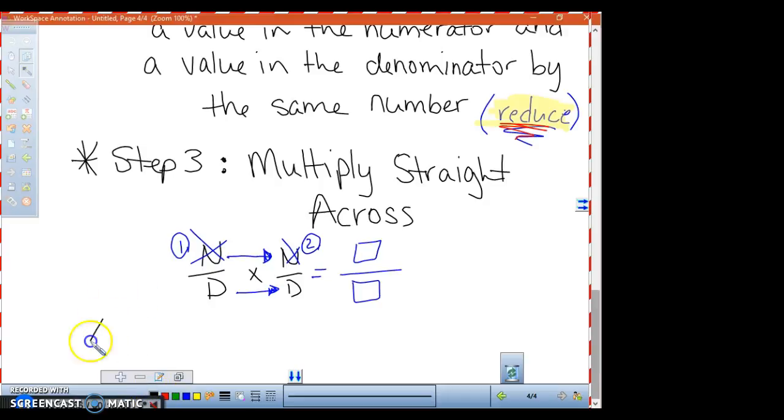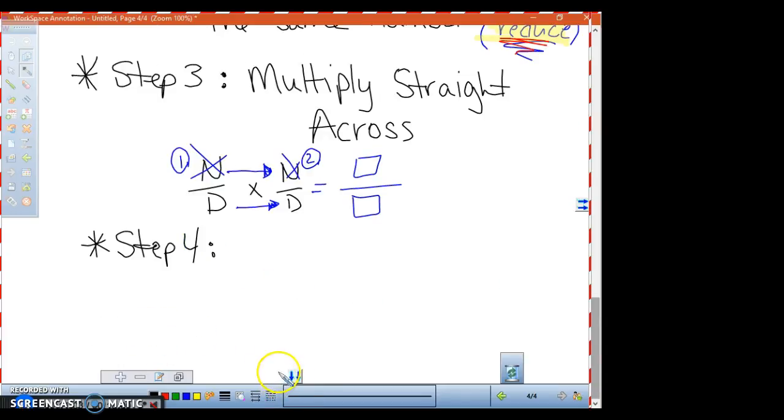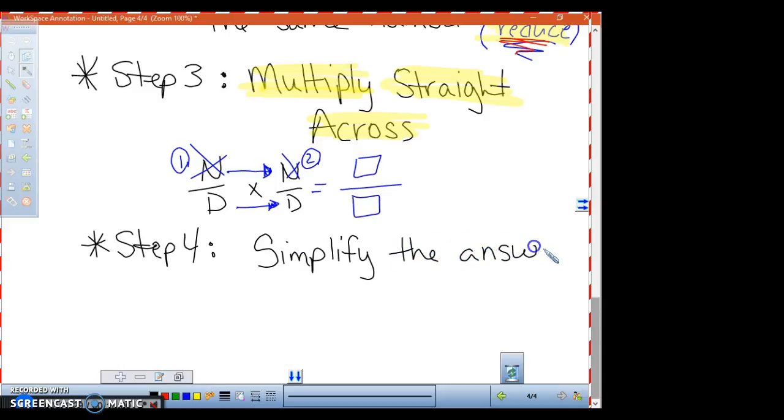All right, step 4. After you're done multiplying straight across, your step 4 is to make sure that you change all improper fractions to mixed numbers. So step 4 is to simplify. Simplify those fractions. Simplify the answer. How do we simplify?